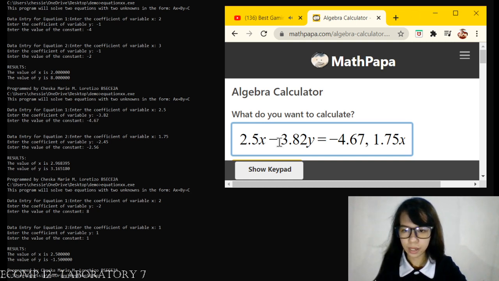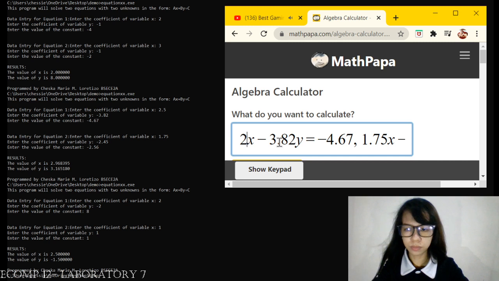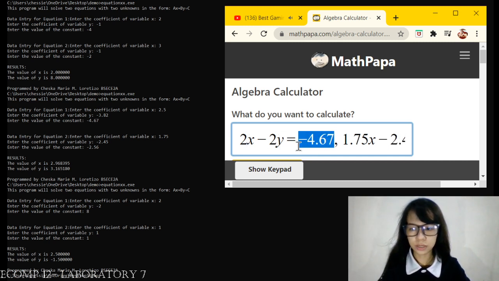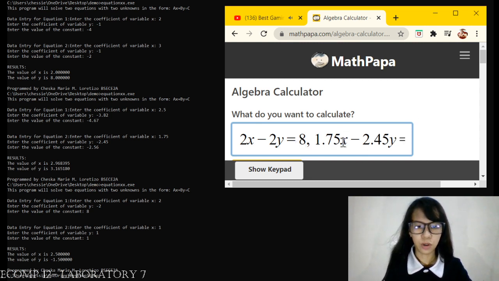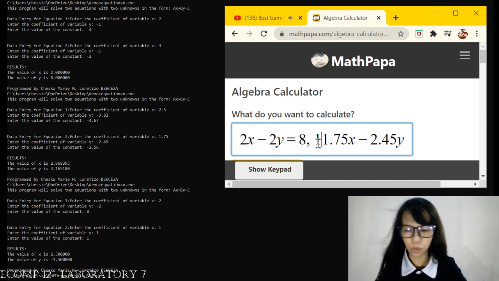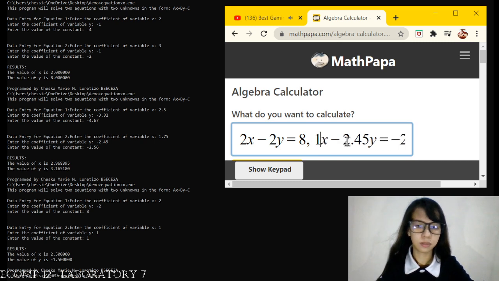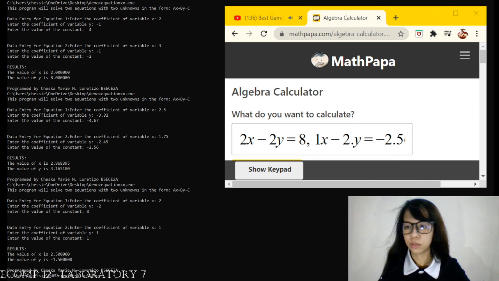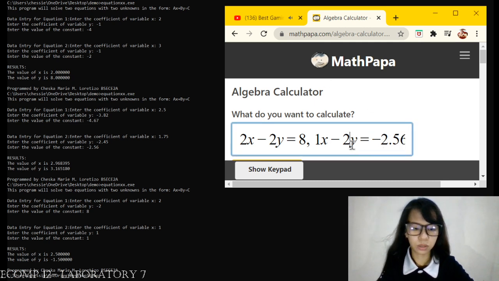And now for the x, we're going to put 2, negative 2, and for the constant is 8. Now, for the second equation, we have 1, 1, also negative, so 1. We're going to enter plus 1.